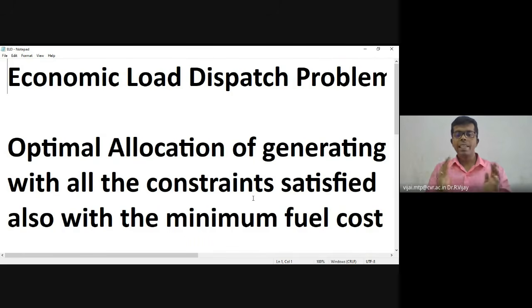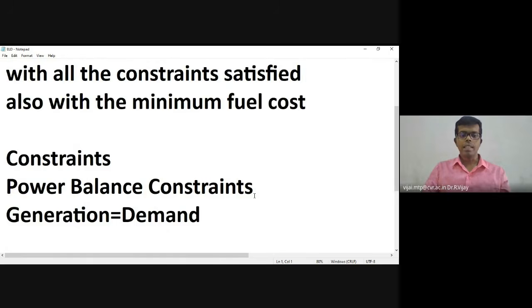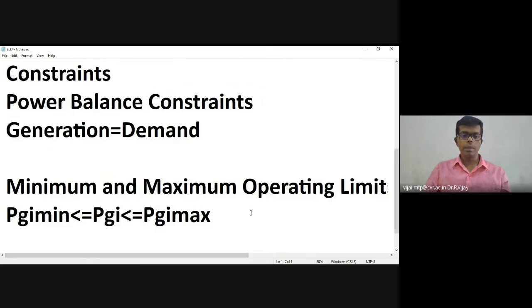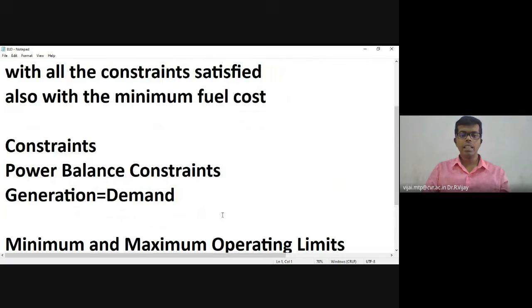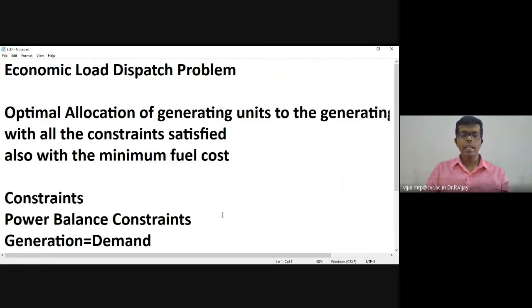So we can define the optimization problem like this: minimizing or maximizing an objective function subject to constraints. The constraints are of two types, as I already mentioned. One is your equality constraints, another one is inequality constraints.